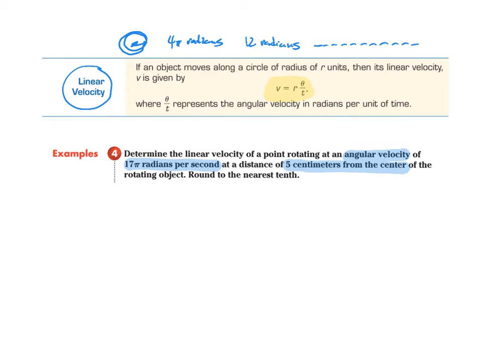So when I do this calculation, my V, my linear velocity, is going to be my radius, which is 5 centimeters, times the radians of 17 pi over 1 second.